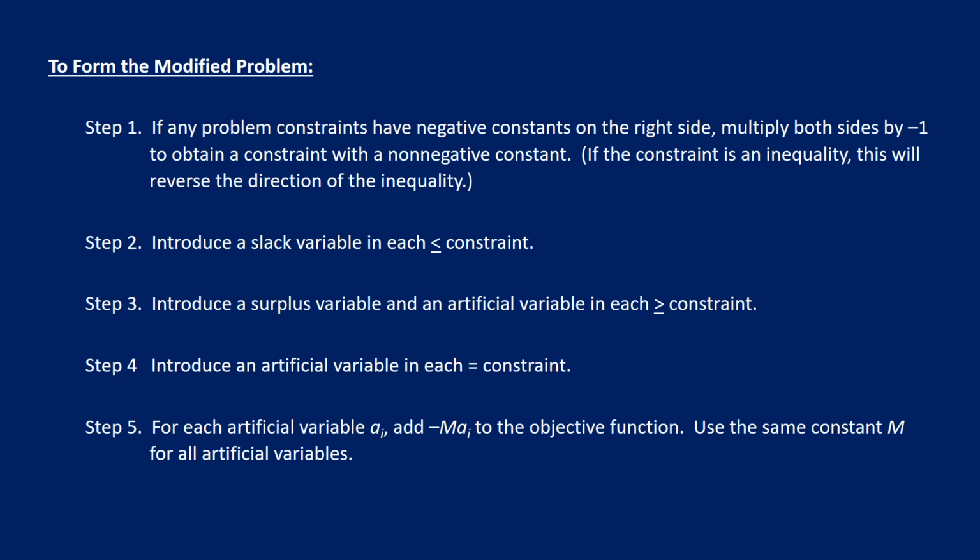In each greater than or equal constraint, we're going to subtract a surplus variable and add an artificial variable. In any equal constraints, we're going to add an artificial variable. And then we subtract M times the artificial variable for every artificial variable that we've added to the objective.